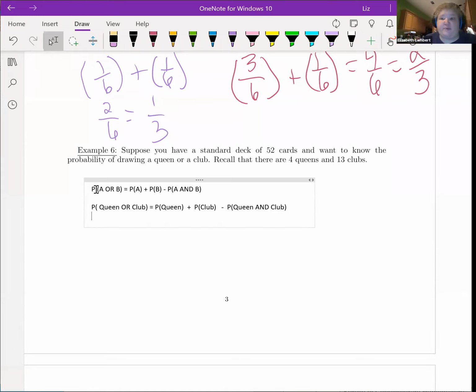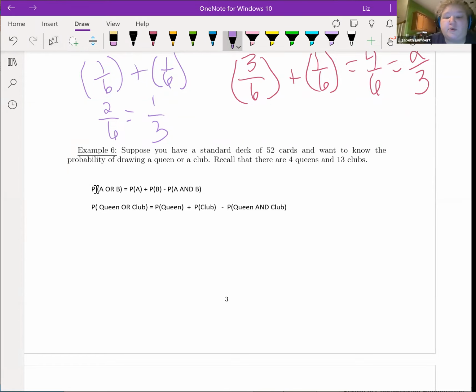All right, so since I prefer my upright fractions, I'm going to write these. So there are 4 queens out of 52 cards. There are 13 clubs out of 52 cards. And there just so happens to be 1 queen of clubs.